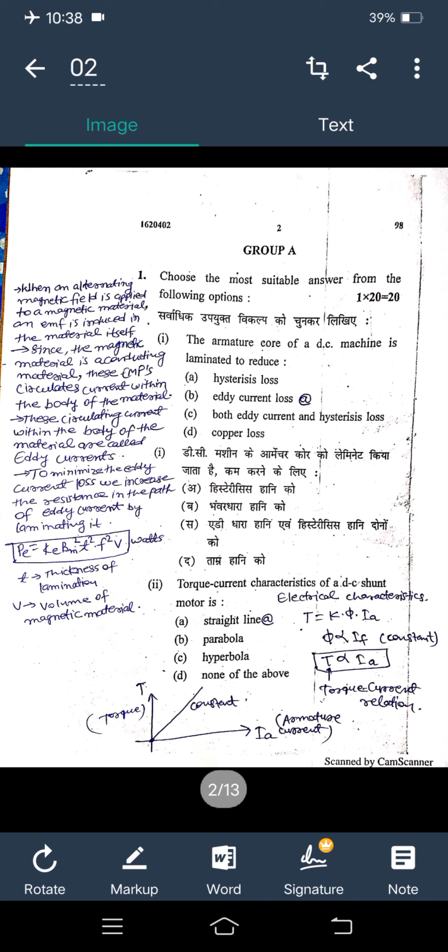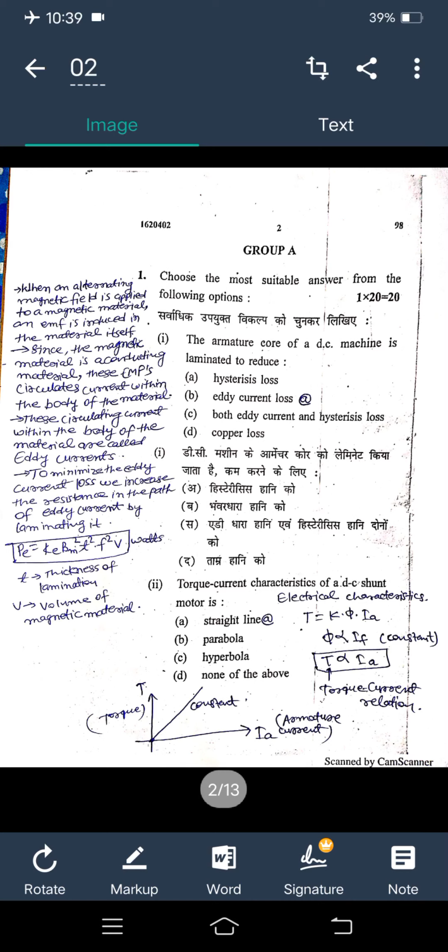So to reduce the eddy current, we also reduce the thickness of the lamination. So the right answer will be option number B.